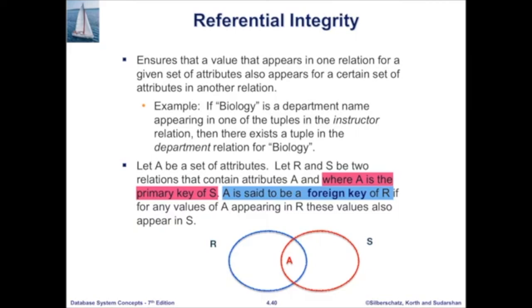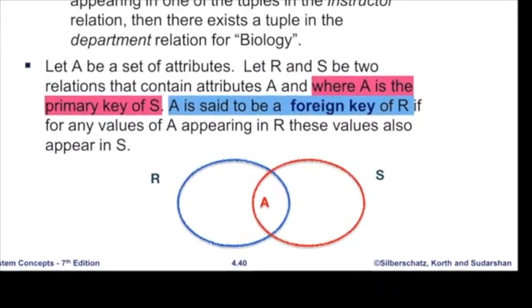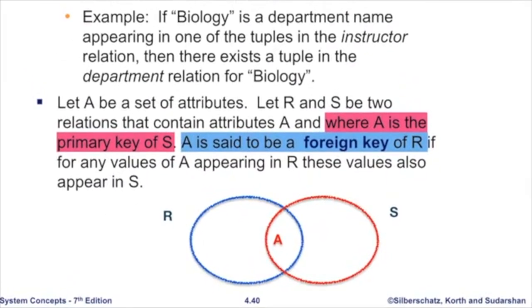So let's dig in and try to look at it in terms of sets and relations. Suppose we have a set A, and this set A is a set of attributes that is common to the two tables. So suppose we have R and S. Here we have A as the set of primary key of one relation, which is S, and A is said to be a foreign key.